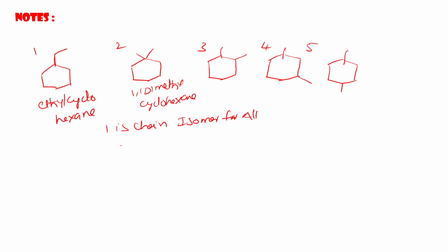Whereas 2 and 3, 3 and 4, 4 and 5, all these are position isomers. Hope you understand. So this 1 is the chain isomer for all, whereas 2, 3, 4, 5 are position isomers. Clear? So coming to our notes.